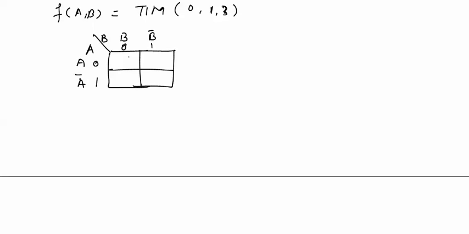Now for the zeroth combination output is logic 0, for the first combination output is logic 0, and for the third combination output is logic 0. There will be two pairs. Now f can be written as f equal to, for this pair A is 0 meaning A, and for this pair B is 1 meaning B bar.